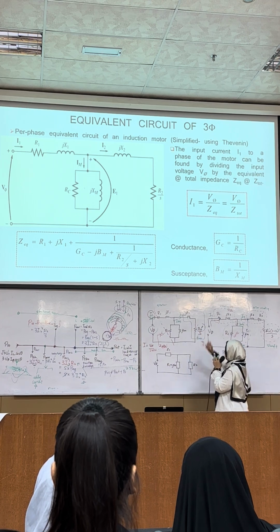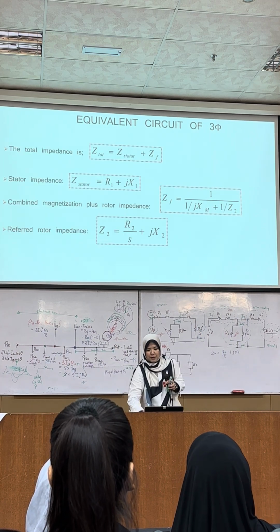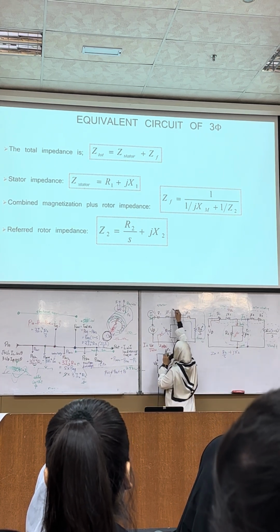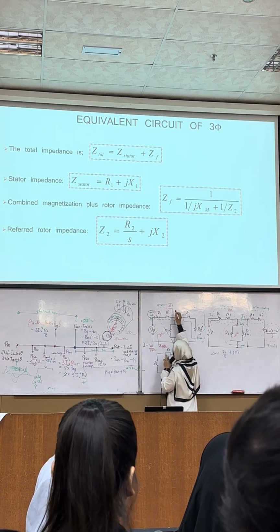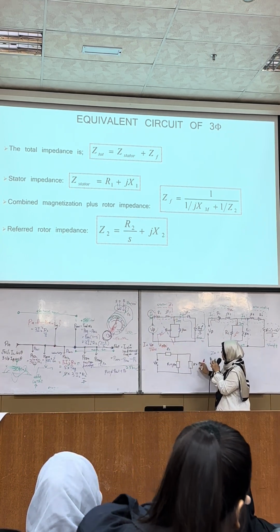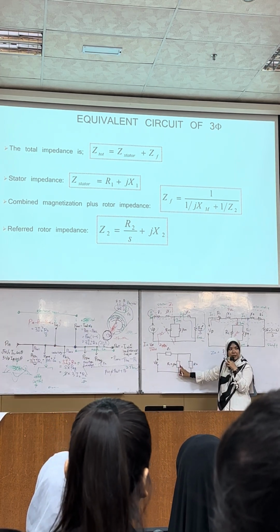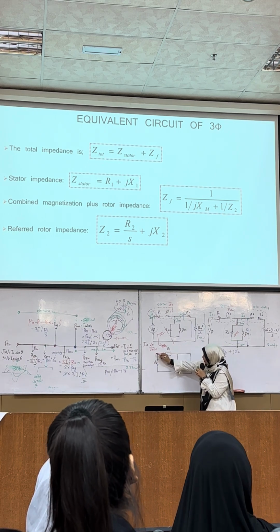Now you have Z2 and then Z stator. We have Z stator here, or Z1. So I transfer here Z1, Z2 and the component of core and magnetization. You can see kita nak cari current kat sini.